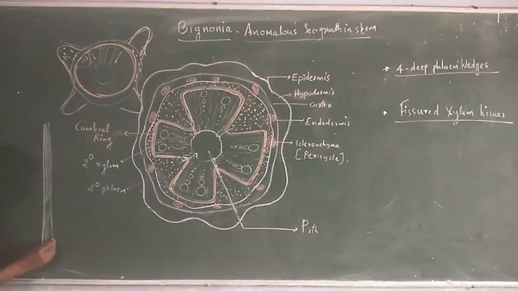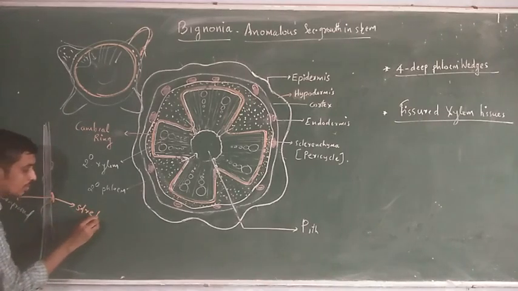Suppose bignonia is a climber, so if it climbs like this, during the climbing process, the inner part of the bignonia stem, like this is the inner part, and this is the outer part, gets compressed, whereas the outer part of the bignonia stem gets stretched.